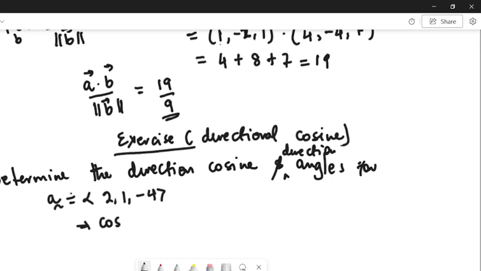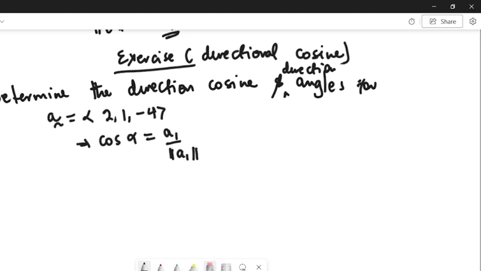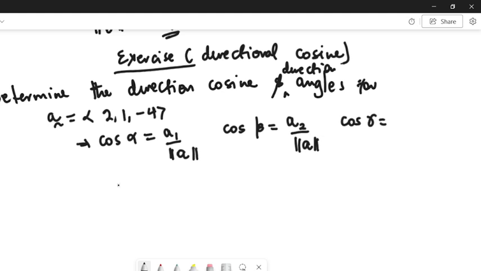So cos alpha is A1 over the distance of A. Then cos beta will be A2 over the norm of A, and cos gamma will be A3 over the distance of A. This is because if you multiply A by i, you get A1; by j, you get A2; by k, you get A3.